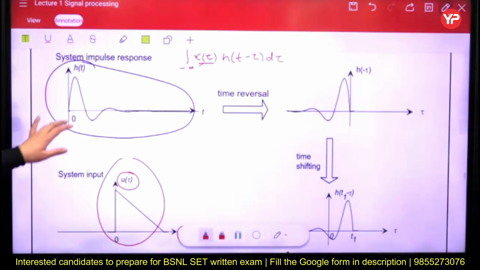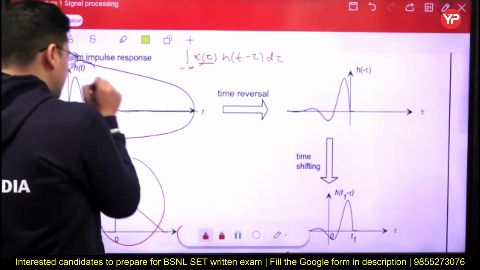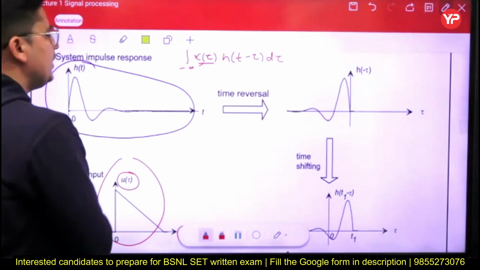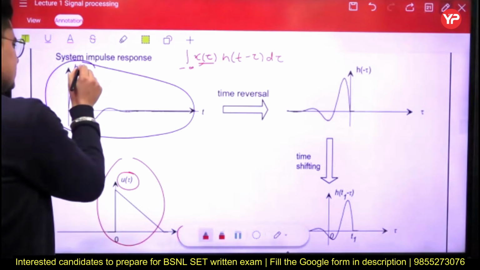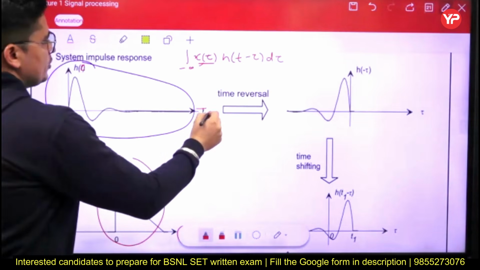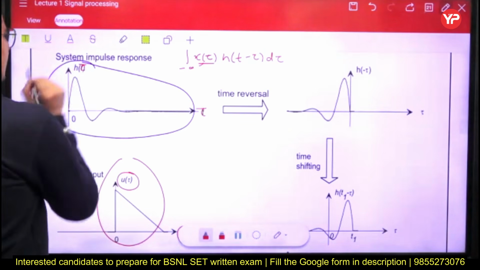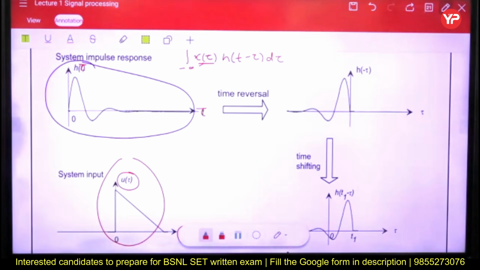Now I want to draw the graph of h of t minus tau. The graph of h of t is given to you. First, just replace t with tau, so this becomes the h of tau graph.